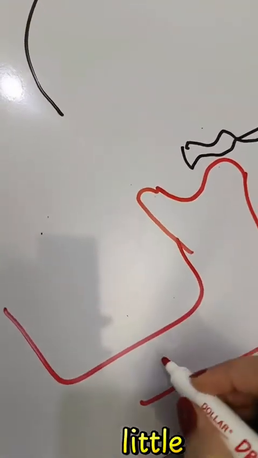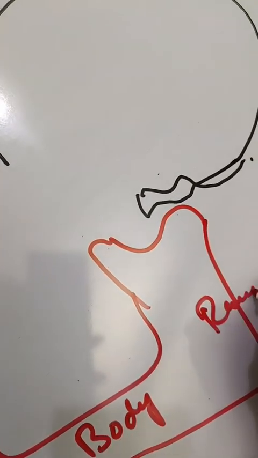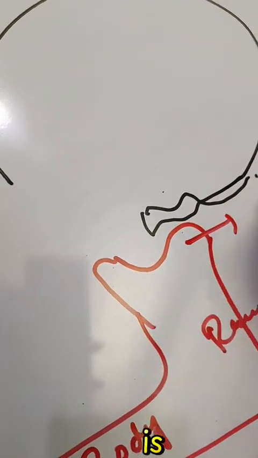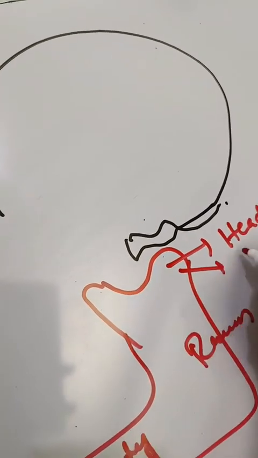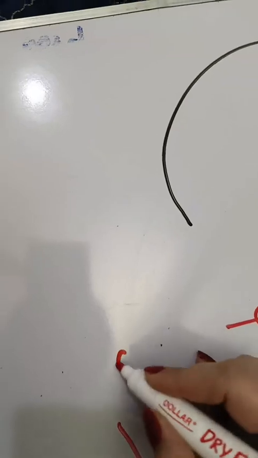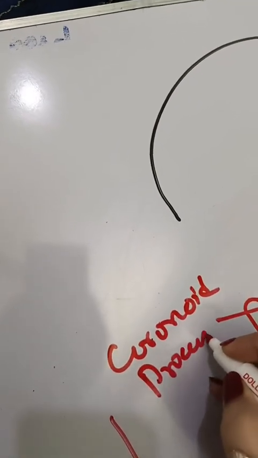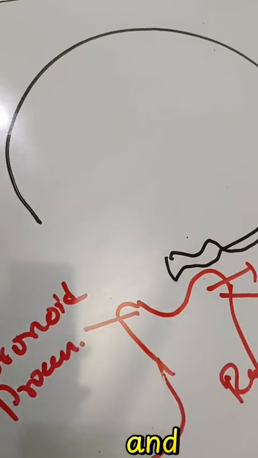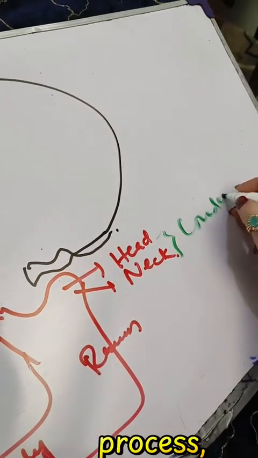So this is the little review. This is the body, ramus, and this is the head of the mandible, head, neck, coronoid process, and this is the condylar process.